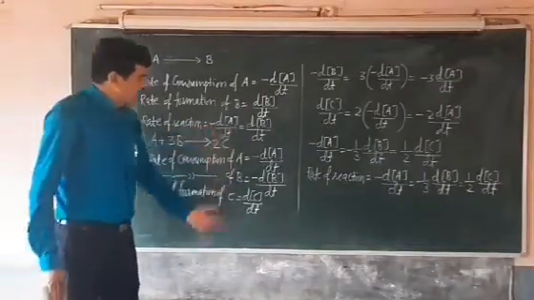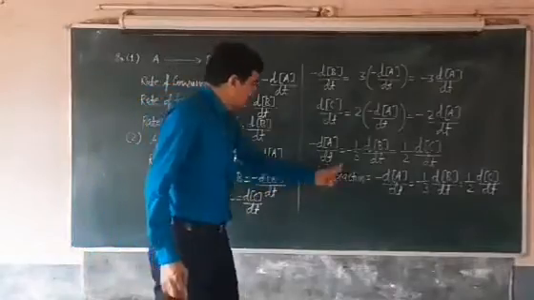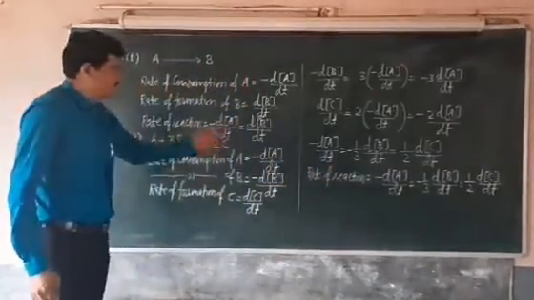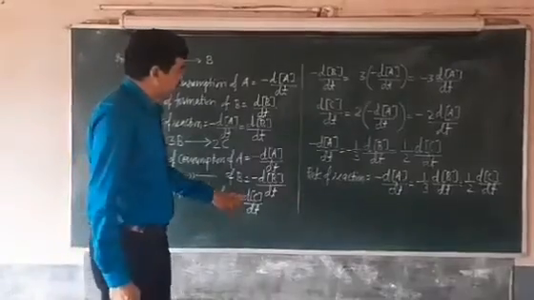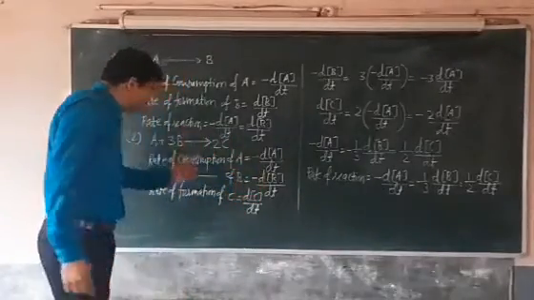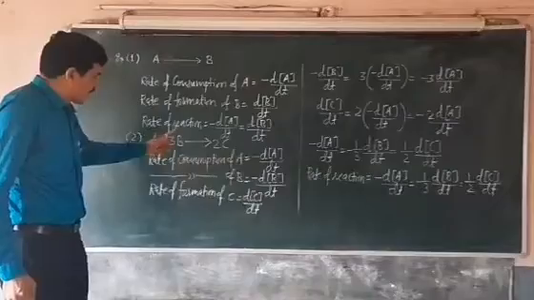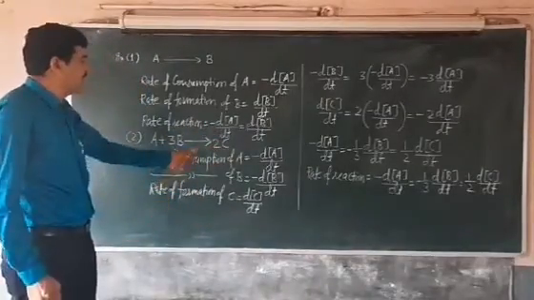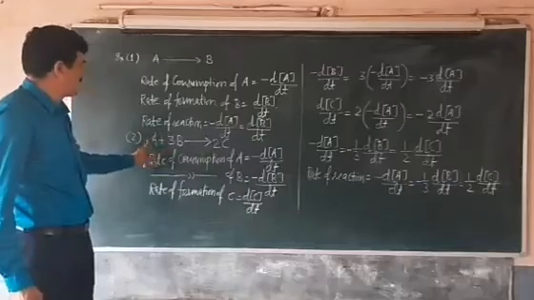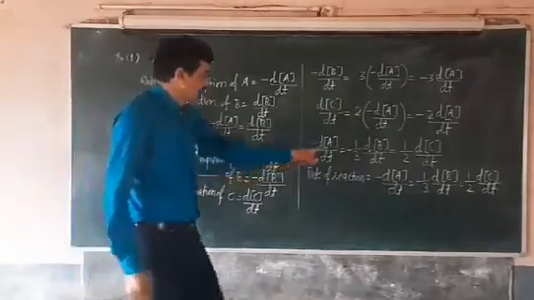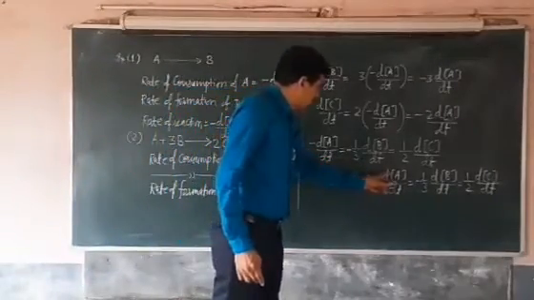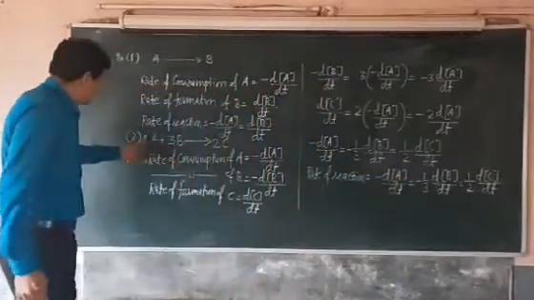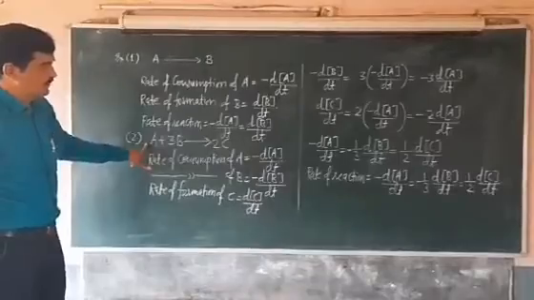So in general, to determine the rate of reaction in terms of any reactant or any product, the rate of consumption of that particular reactant or rate of formation of any particular product should be divided by its stoichiometric coefficient. Here, the rate of consumption of A is minus dA by dt, which is divided by its stoichiometric coefficient, which is 1.